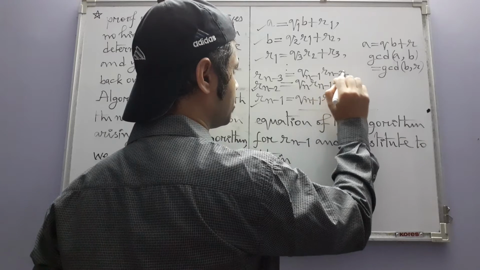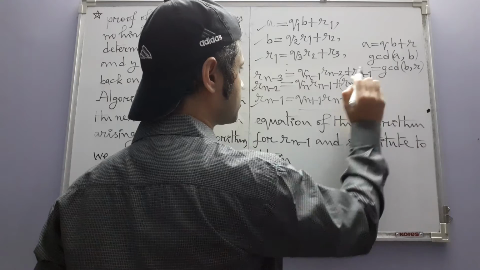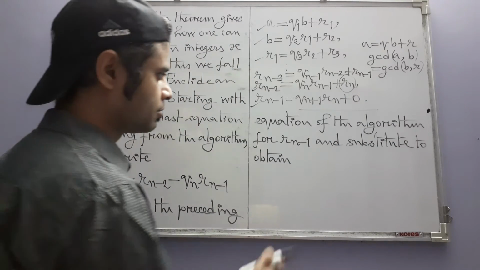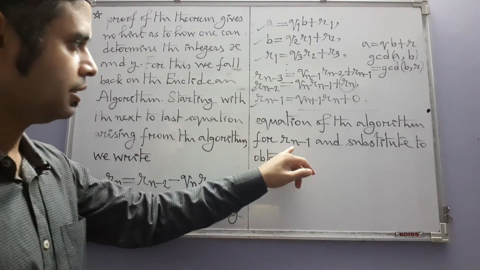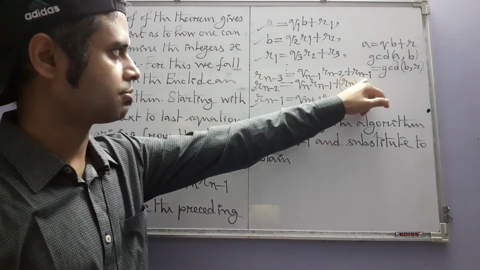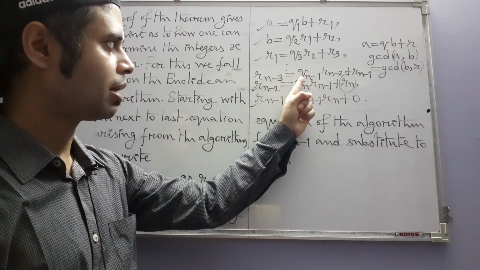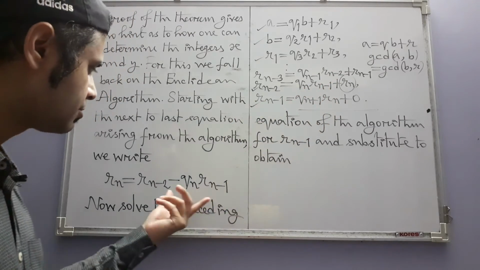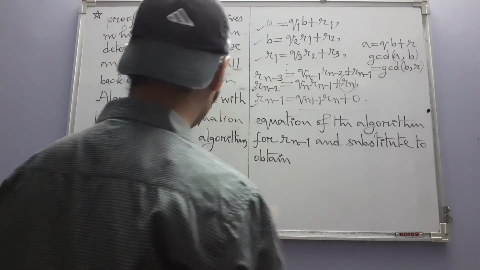That means rn minus 2 plus rn minus 1. So from here we are saying that we have to solve for rn minus 1. That means rn minus 1 is equal to rn minus 3 minus qn minus 1 times rn minus 2. That we have to substitute here. Okay, so doing that we obtain this.